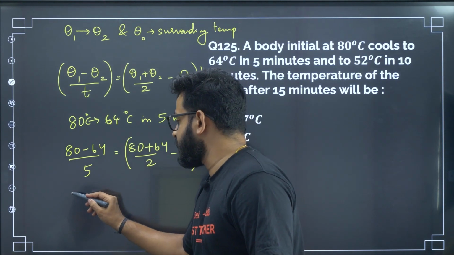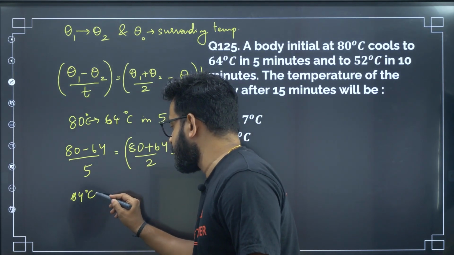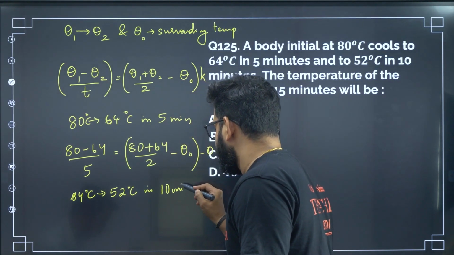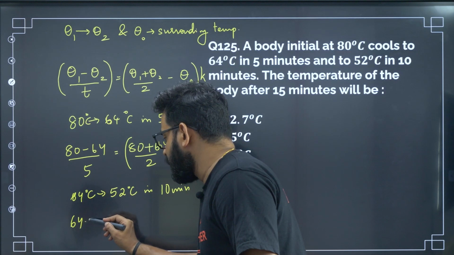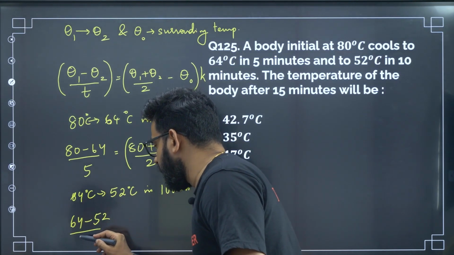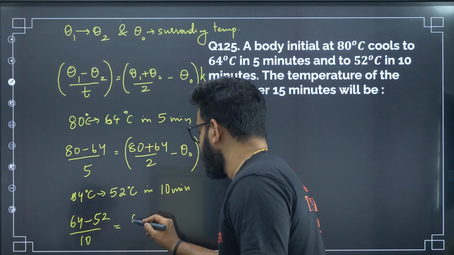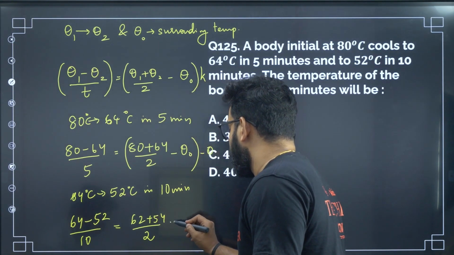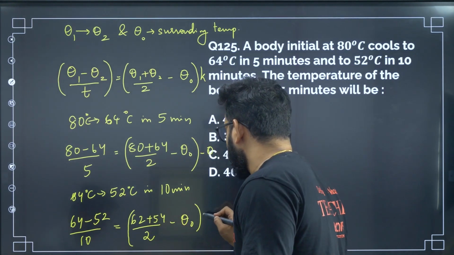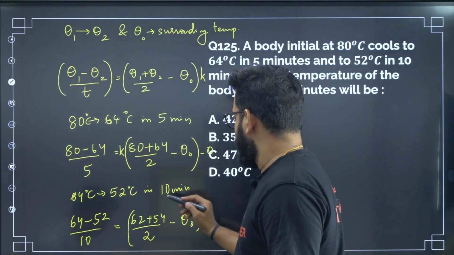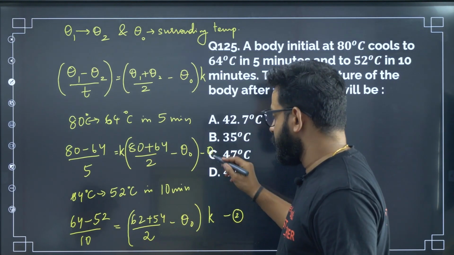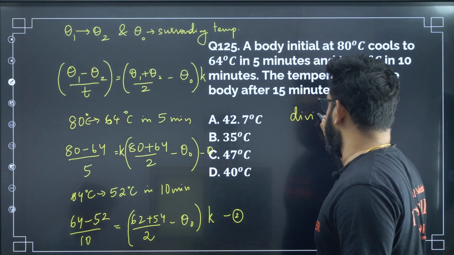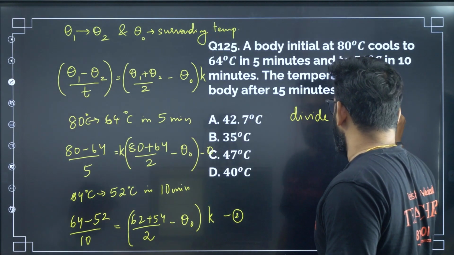Now we have the next, that is 64 degrees Celsius to 52 degrees Celsius in 10 minutes. So again we have the equation (64 minus 52) divided by 10 is equal to (64 plus 52) divided by 2 minus theta naught. Now theta naught is unknown, so what I suggest is divide both the equations. Divide 1 and 2 to get theta naught.